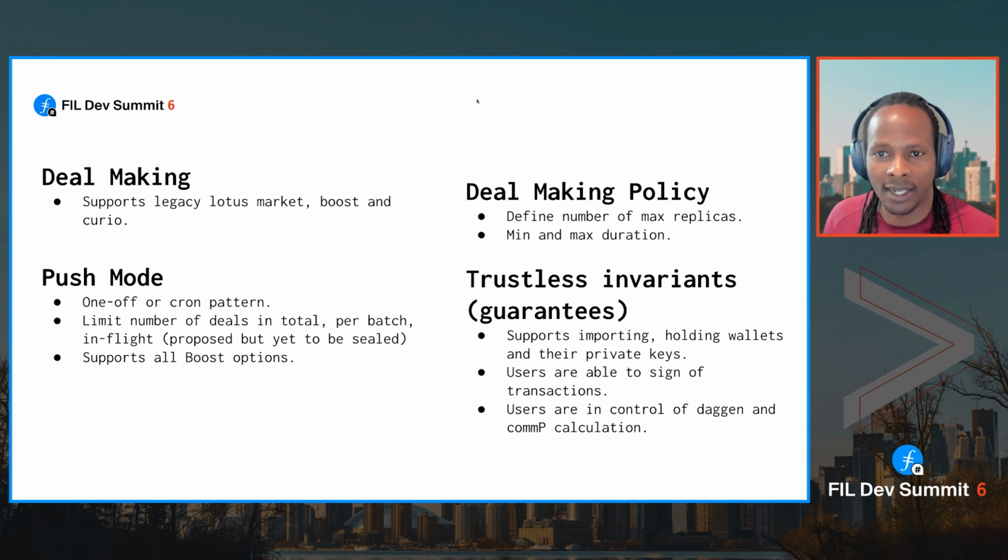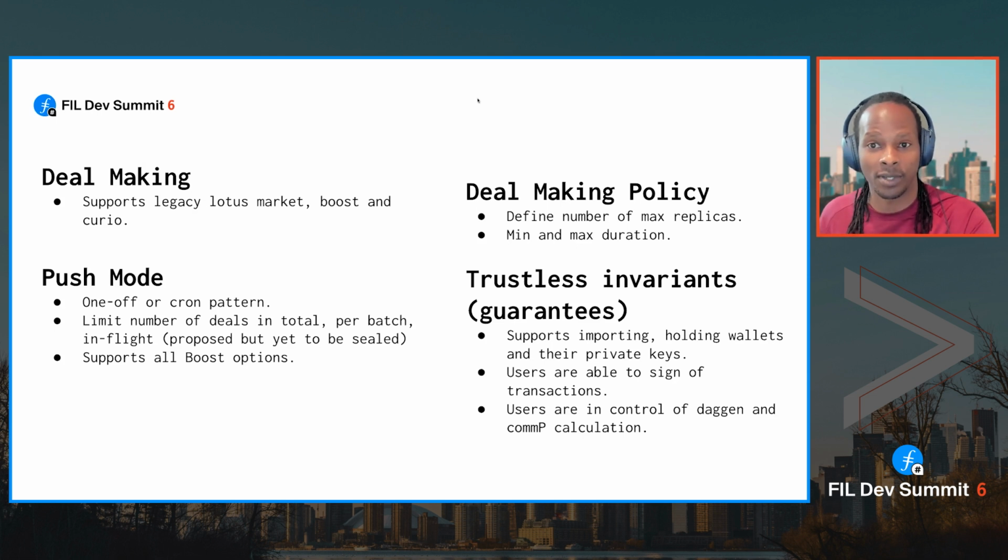You can also limit how many deals are in flight. Depending on the sealing pipeline or the capacity of the SP, you can determine before the deals get sealed how many deals should be proposed at any given point. Should the SP just be able to seal, for conversation's sake, 30 deals every hour? You can determine all these things.